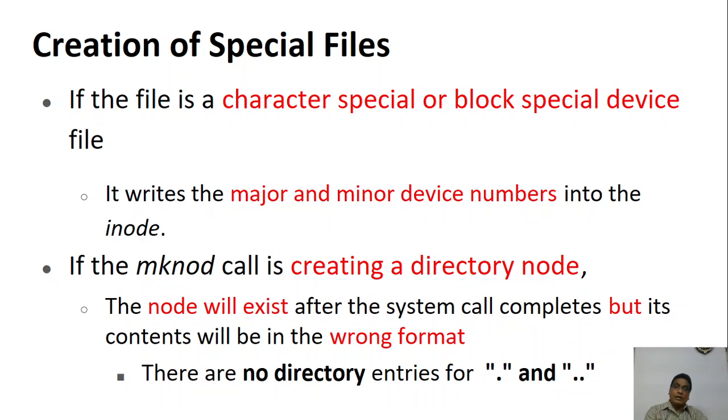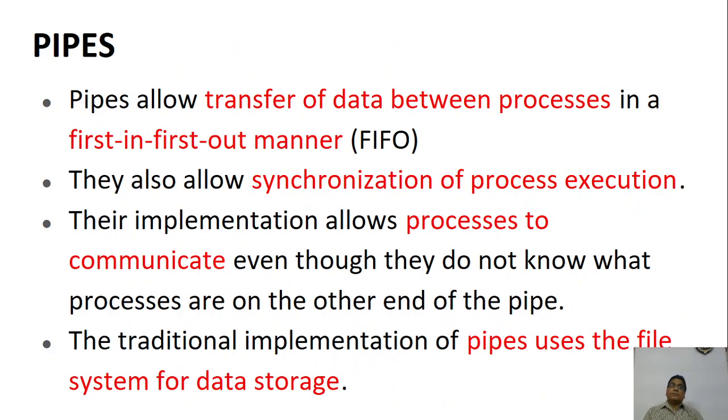Okay, let's look at how pipes can be created using system calls. We must understand one thing, that pipes are used for communicating between two processes. Suppose you have one process running over here, let me call this P1, and you have another process that is running somewhere else.